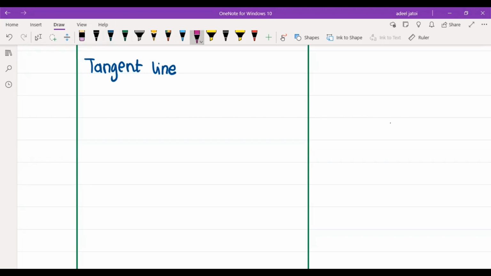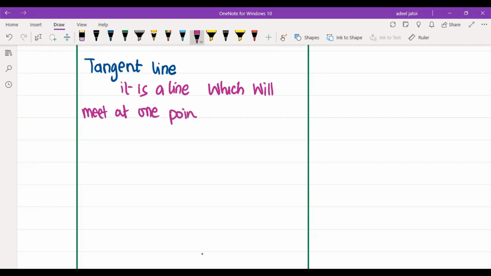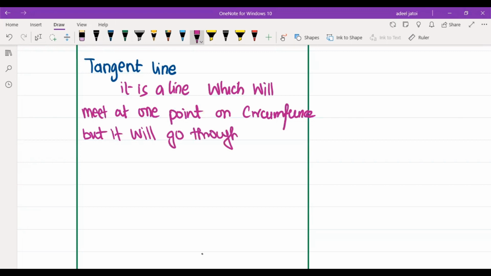A tangent line is a line which will meet at one point on the circumference, but it will go through, or it will go from outside the circle.